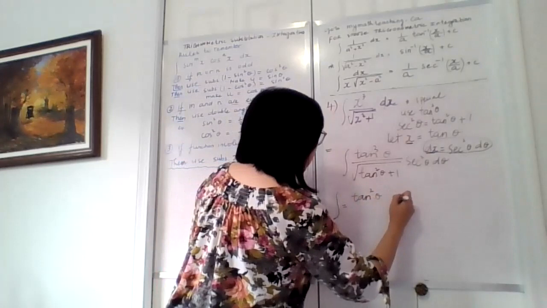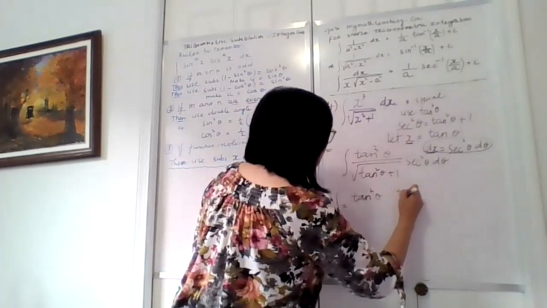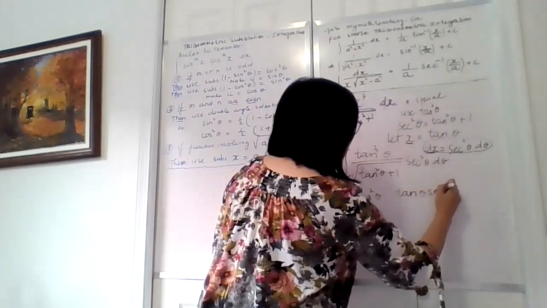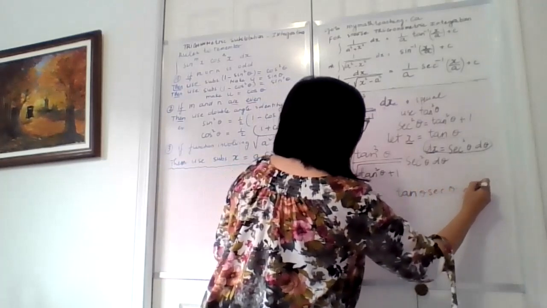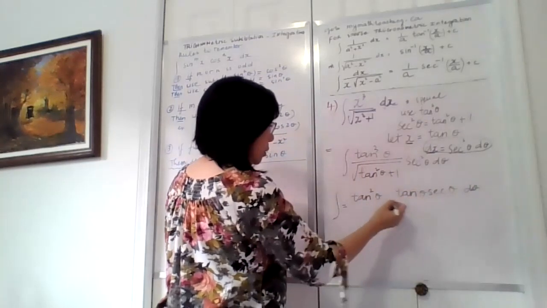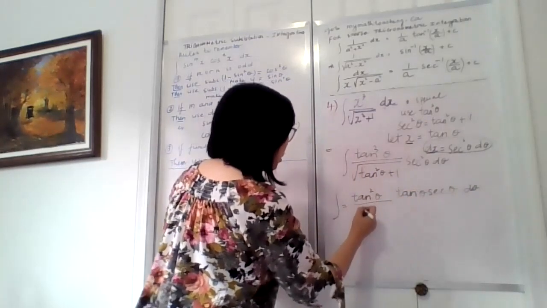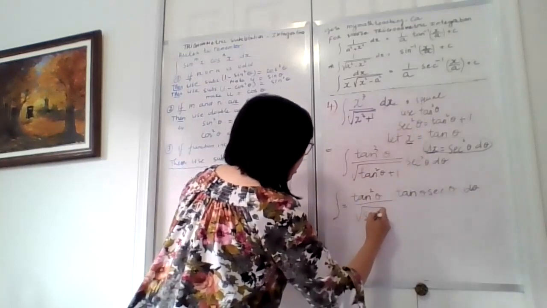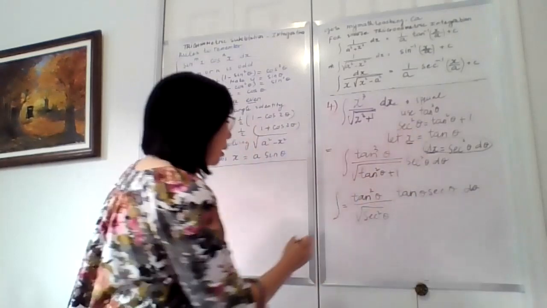I just split it like that. I'm going to join with this one the tan theta secant theta d theta. So I split one of them and I join here. Down here, I substitute this by secant square theta.